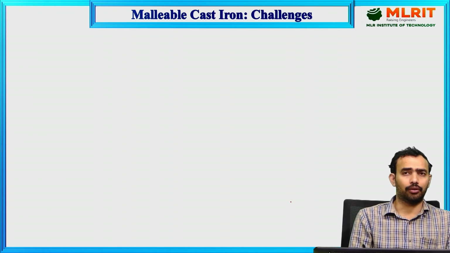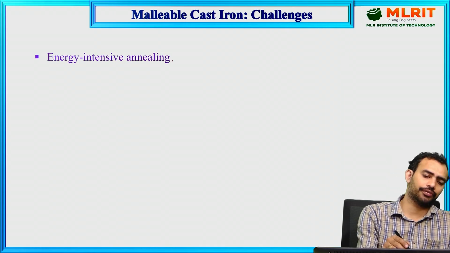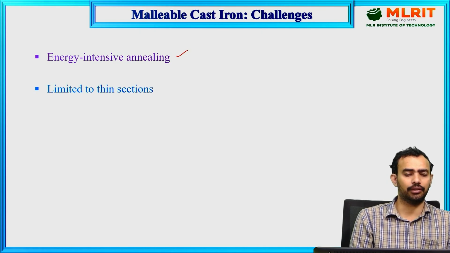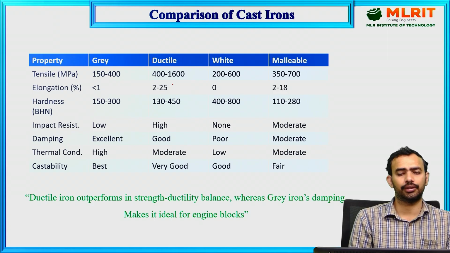In our old vintage cars, you can observe that some components, axles and others, are made out of malleable cast iron. It has challenges as we have discussed. It is very energy intensive, an annealing heat treatment process is employed here, and it is limited to thin sections.